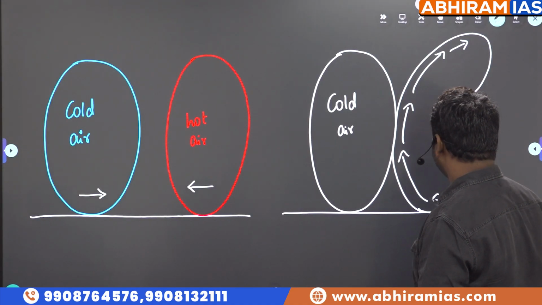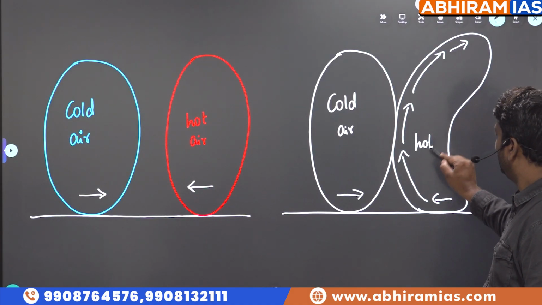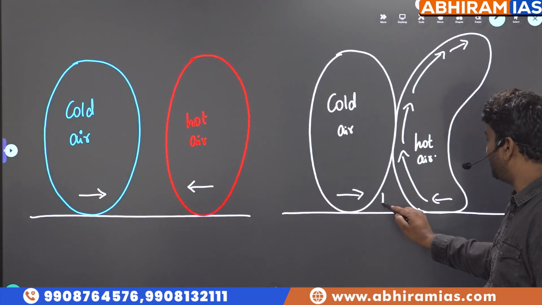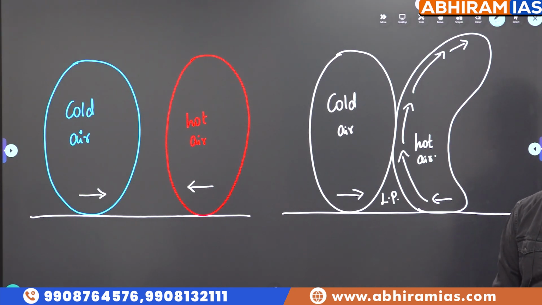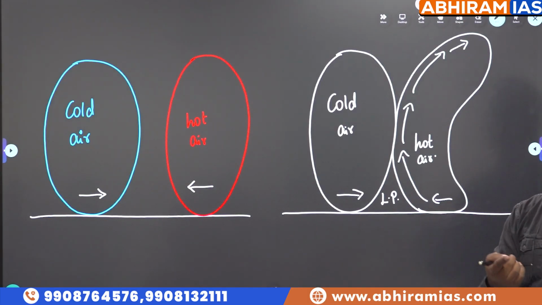Hot air rises. Okay, please see here. If hot air rises, can we say number of particles will be less? That means what? Low pressure. As air keeps rising, can we say number of particles reduces? Then it becomes what? Low pressure.